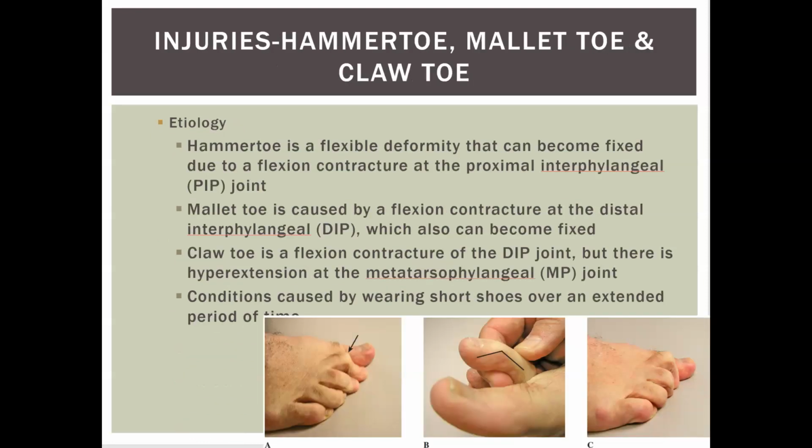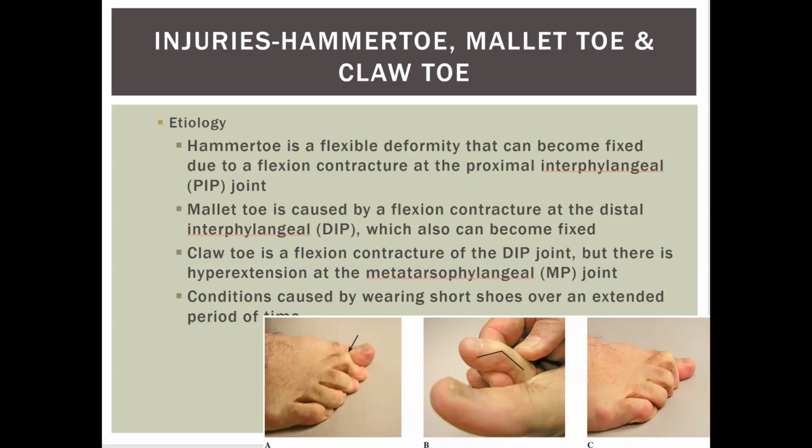Okay, different types of toe injuries. You've got hammer toe, mallet toe, and claw toe. Hammer toe is where there's a deformity, where there is a contracture where the proximal interphalangeal, or PIP, joint is flexed.